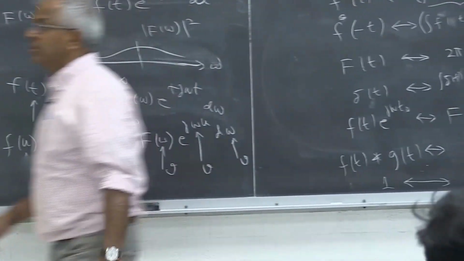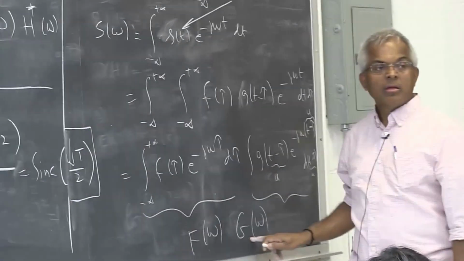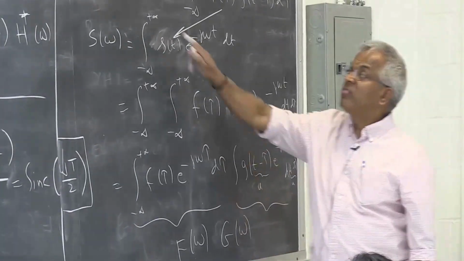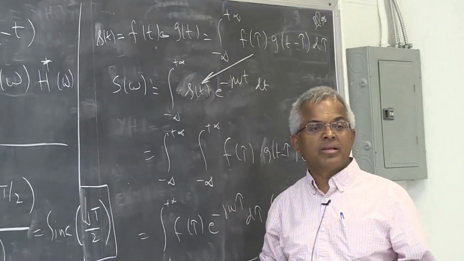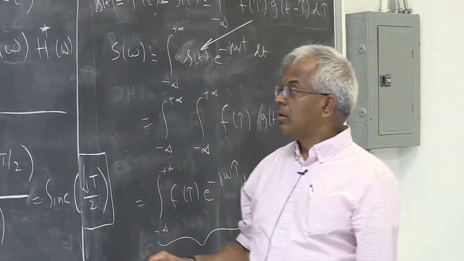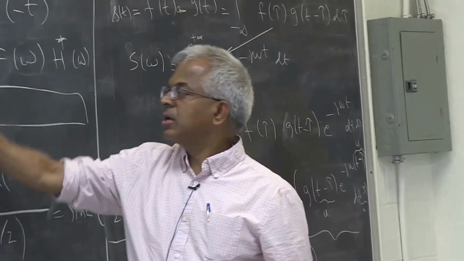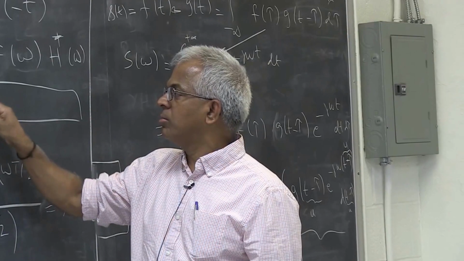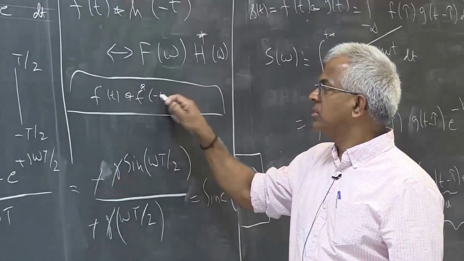We just did it here, right? If you convolve f(t) with f(t), F omega squared. If f(t) is convolved with f star of minus t, what is the transform of this?